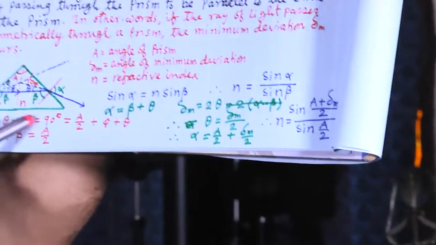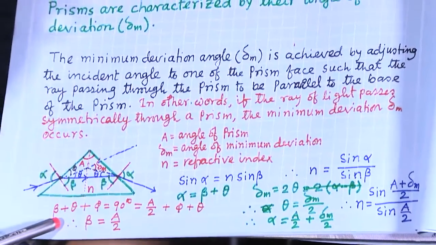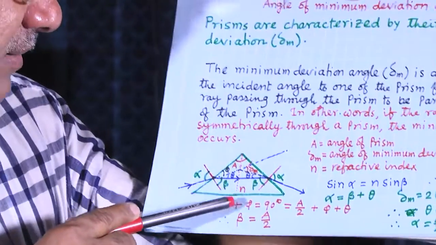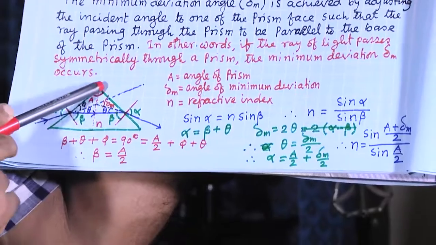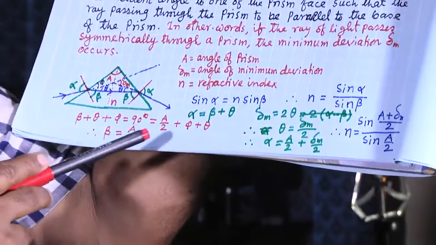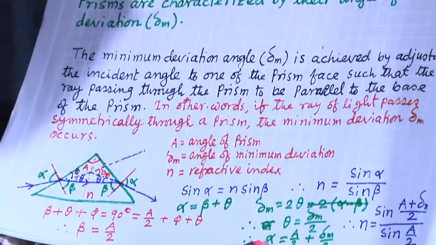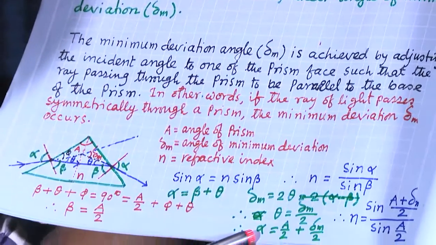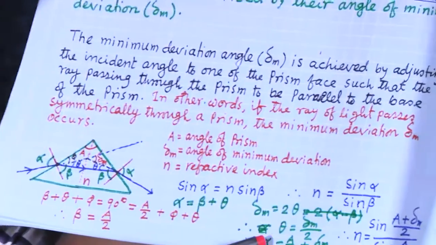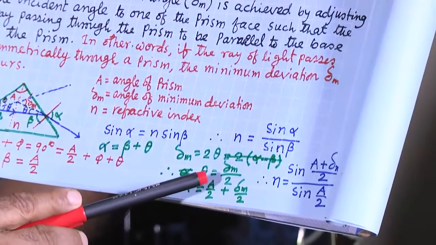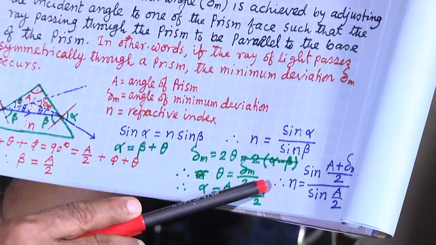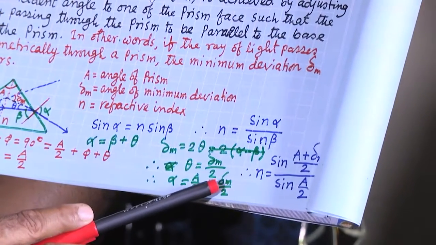Here I have shown the angle of refraction beta, which is half of the prism angle, A by 2, and the angle of incidence is equal to half of the angle of prism plus half of the angle of minimum deviation.